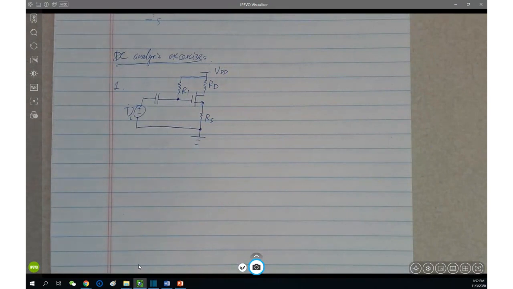There's no specified resistance value or supply value, but it doesn't matter. We're still able to come up with the equations.